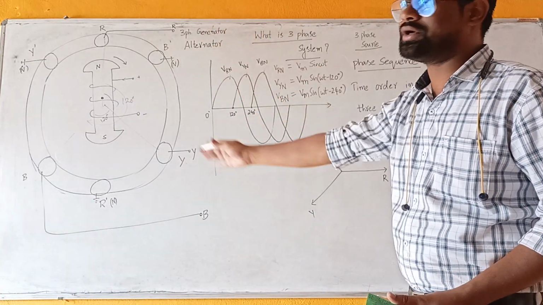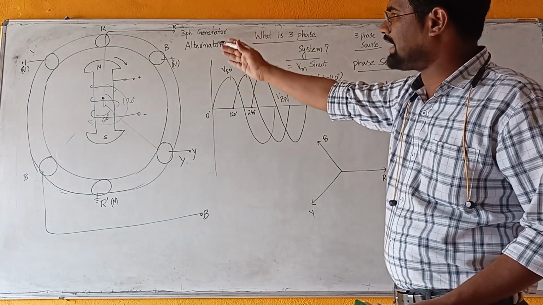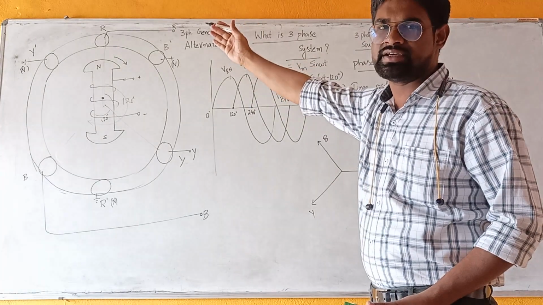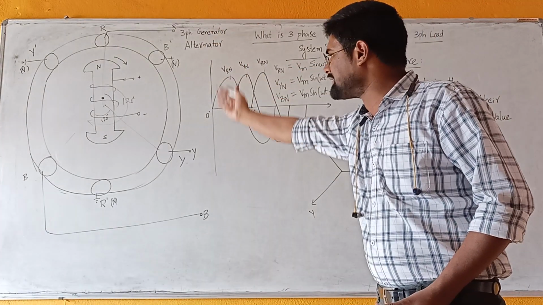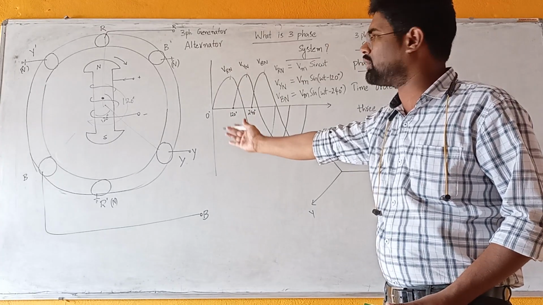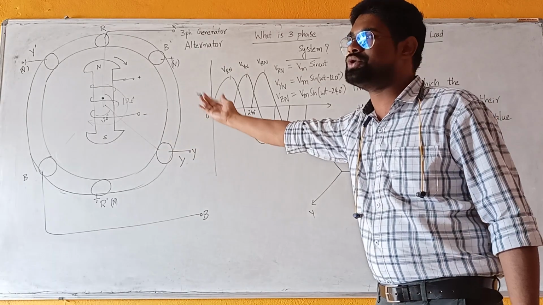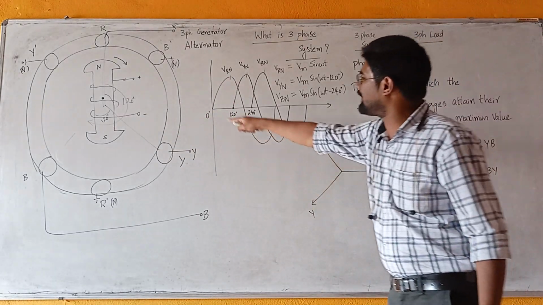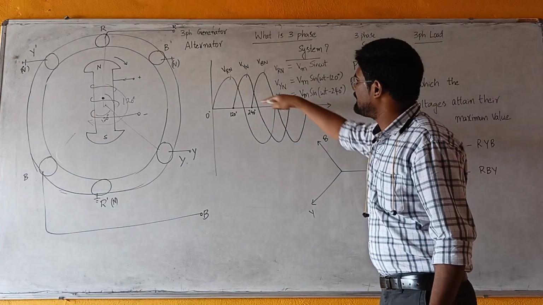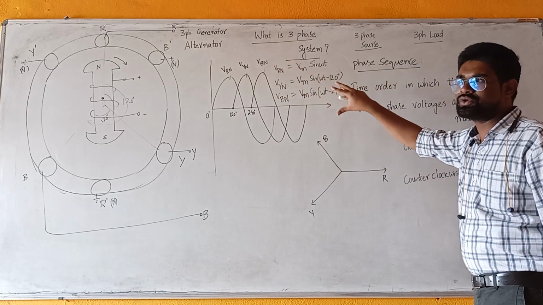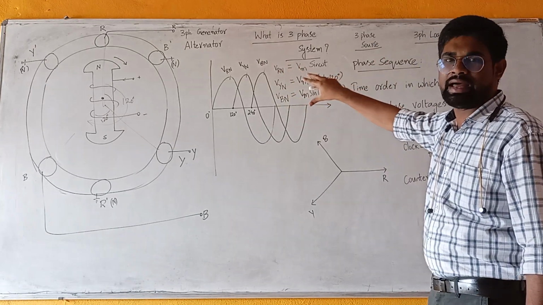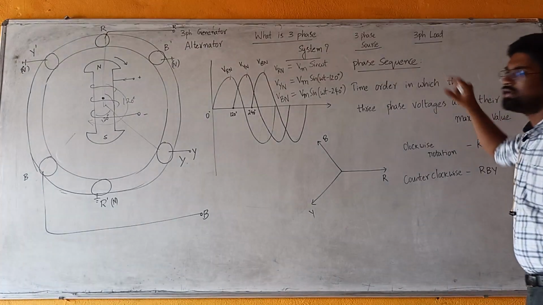When we rotate this rotor in clockwise direction, the flux cuts R conductor first, induces voltage, and next Y conductor and induces voltage, and next the flux cuts the third conductor B and induces voltage. So in this order R, Y, B, the voltages are induced and maximum positive values are reached, and this is the phase sequence.